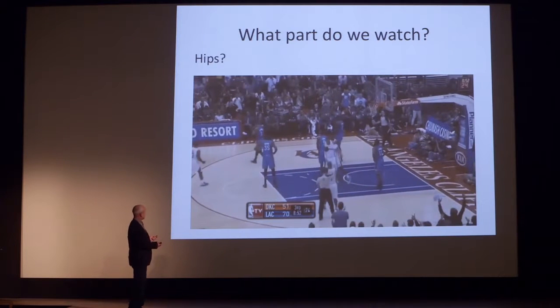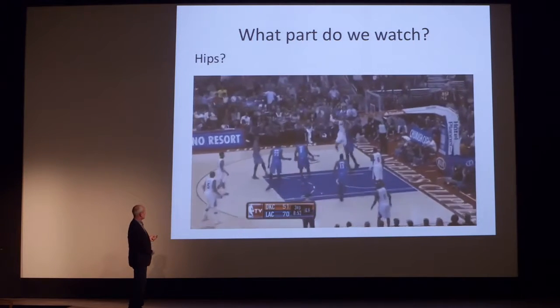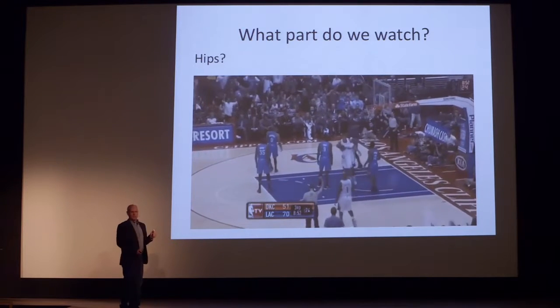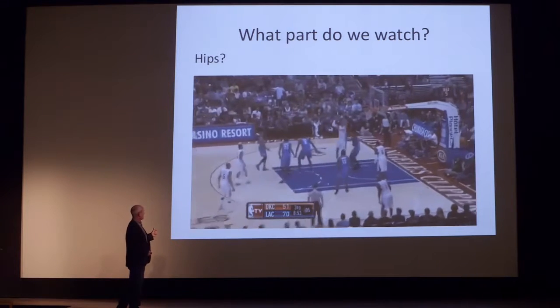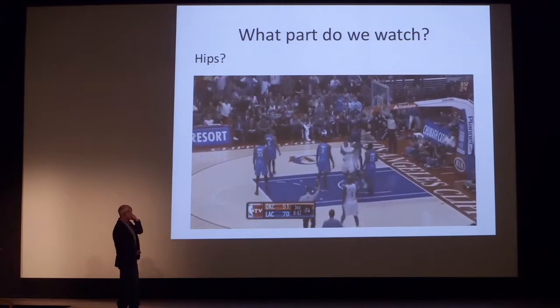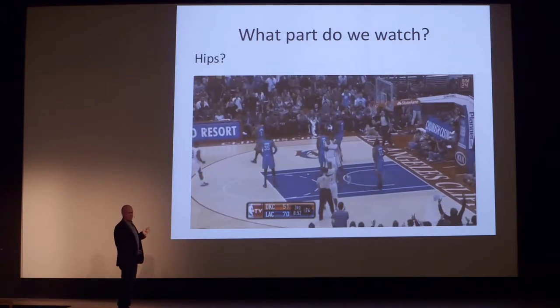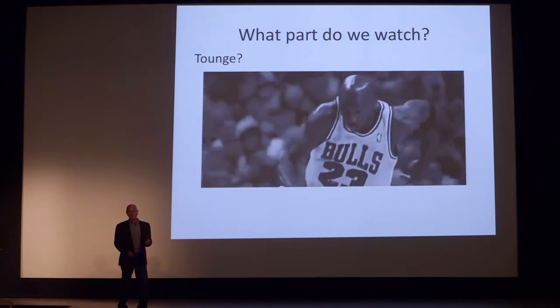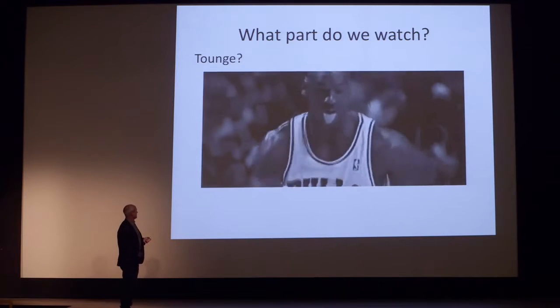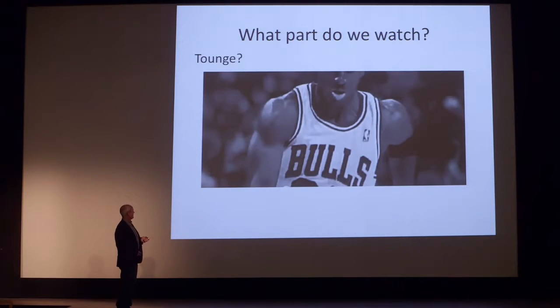I think I know how to show this again, so let's just take a look here. You see some part of him, and you almost don't watch the ball, I think, at least I don't. But it does end up through the basket, so that's a really physical play. So it could be sort of the hips of the player, or the tongue, right, Michael's tongue. I think that helped him a lot, to be a superstar.